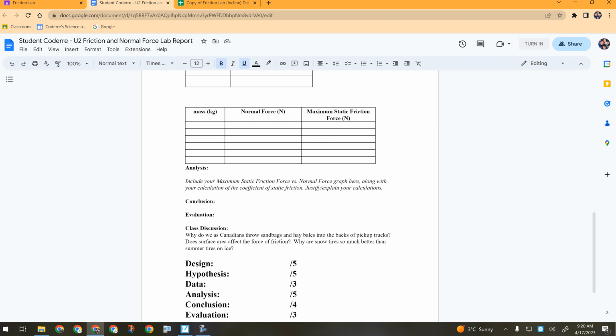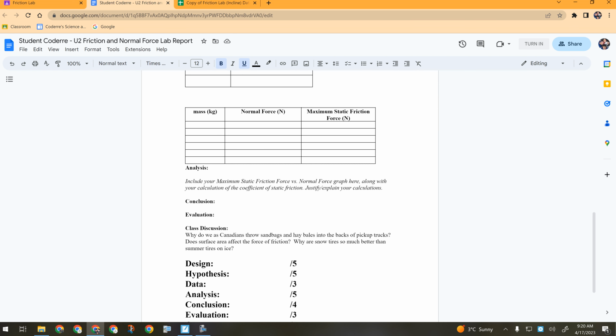I want the graph, I want you to get mu from the graph and tell me why that part of the graph represents mu. Is everybody clear on that? If I now see 6 calculations of FF over FN, having said I don't want to see that, I will be very displeased, and your mark will, well, look accordingly.